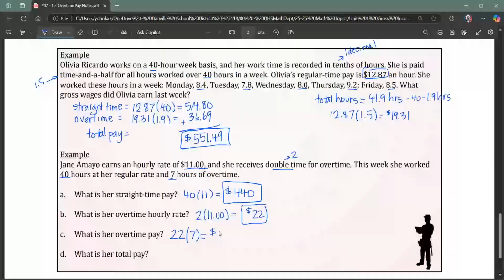So this is $154. And then finally, letter D, what is her total pay? This is when you add the overtime pay and the straight time pay together. So $440 plus $154 gives us a grand total of $594.